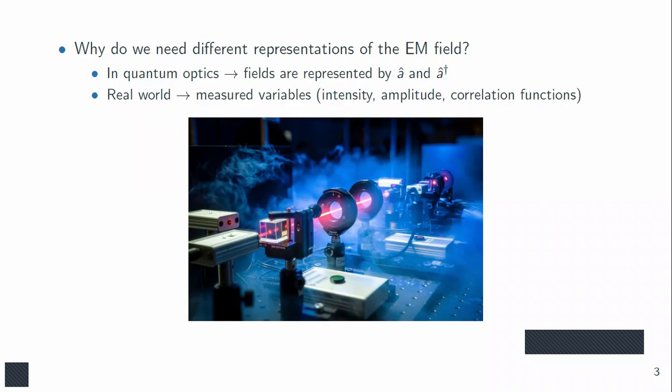So we are going to discuss many different kinds of states of the electromagnetic field, like squeezed states, Fock states, and coherent states, and all of the measurable quantities or properties of the field are different from each other.